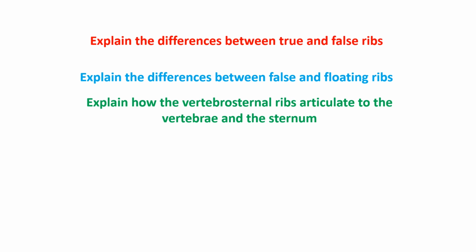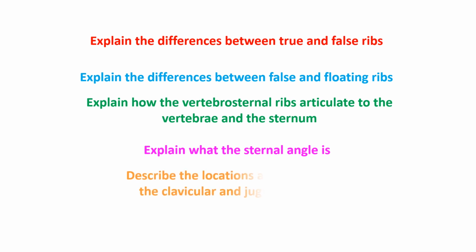You have just heard this information a few seconds ago. Explain what the sternal angle is and describe the locations and purposes of the clavicular and jugular notches. These are just a few examples, and try to answer them.